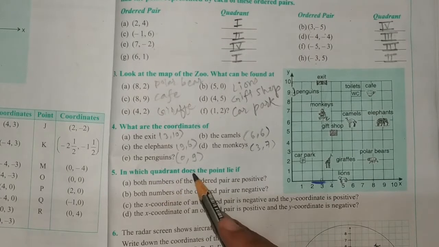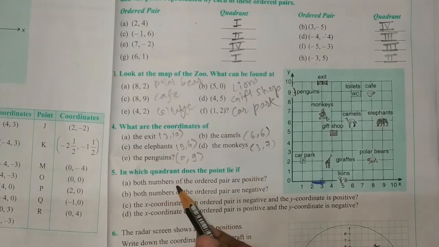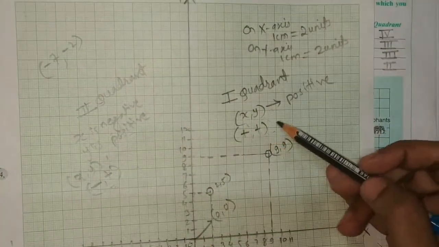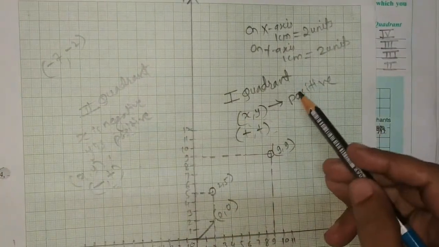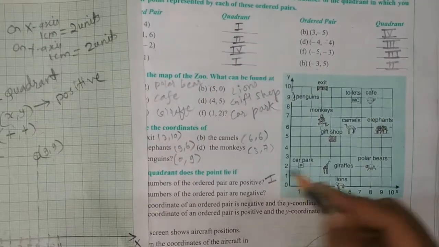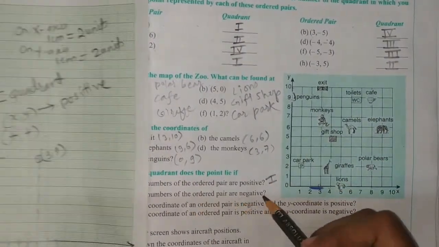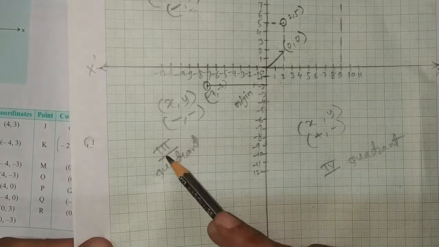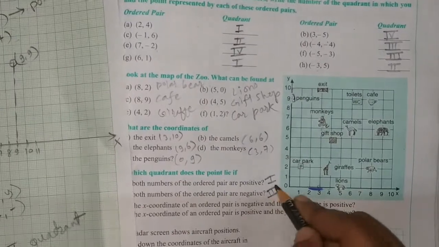Next we have, in which quadrant does the point lie if both the numbers are positive? So we know that, friends, if both the numbers are positive, they will lie in the first quadrant. So here, first quadrant. Both the numbers of the ordered pair are negative. If both are negative, it means the third quadrant.